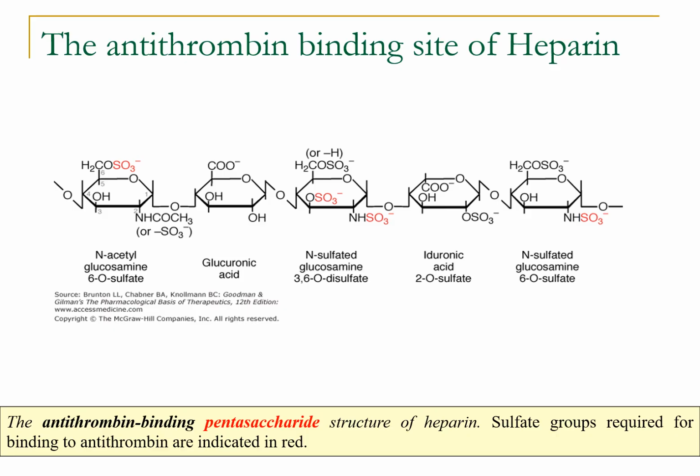What really matters in this glycosaminoglycan mixture is that pentasaccharide. So the antithrombin binding structure is this pentasaccharide that you have here. And what is highlighted in red are the sulfate groups that are important to bind to antithrombin.